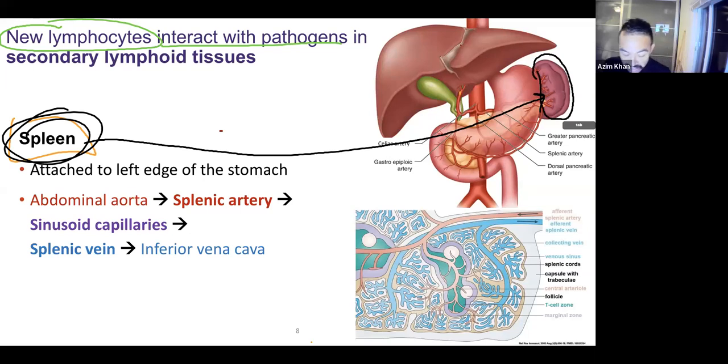It kind of looks like a kidney. It's not the kidney. The kidney is actually over here, but it's not shown here. You have only one spleen, sitting in the upper left quadrant and the left hypochondriac region. Don't forget about those abdominopelvic regions.